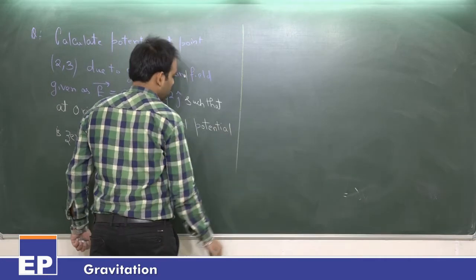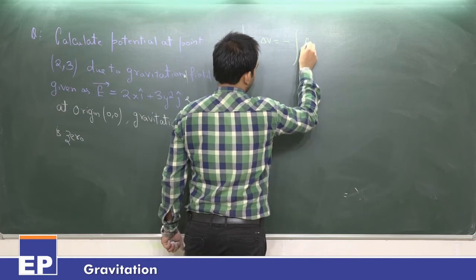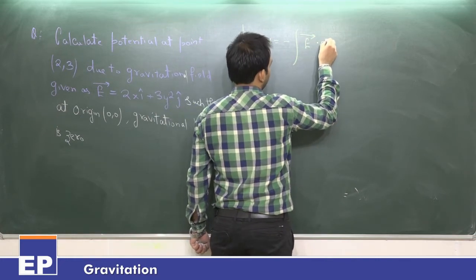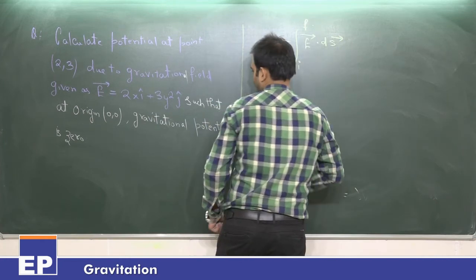Now we know this thing, the change in potential is minus of E dot ds from initial point to final point.